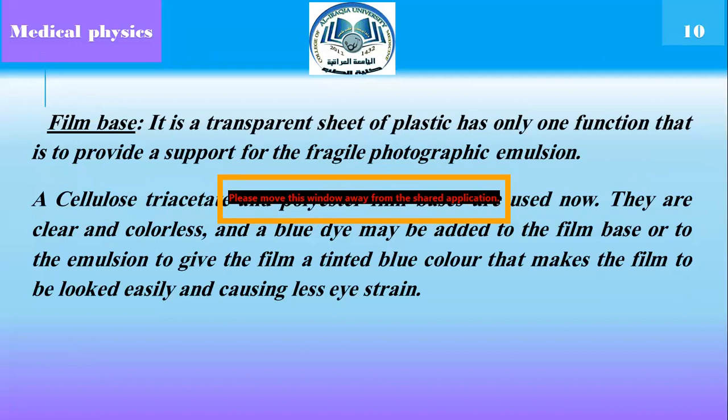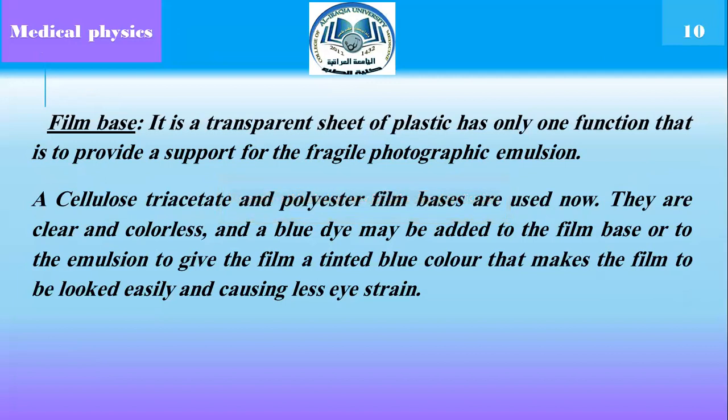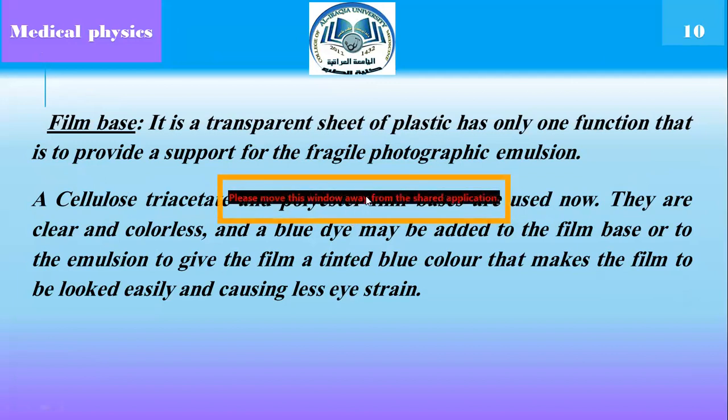Film base. It is a transparent sheet of plastic, has only one function, that is to provide the support of the fragile photographic emulsion. Cellulose triacetate and polyester film bases are used now.